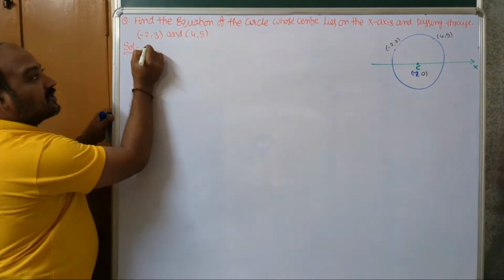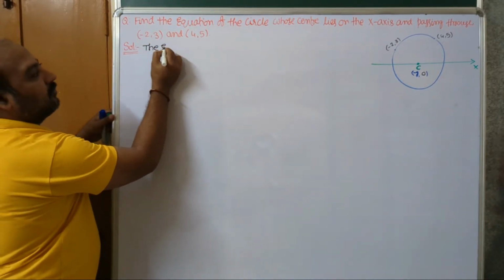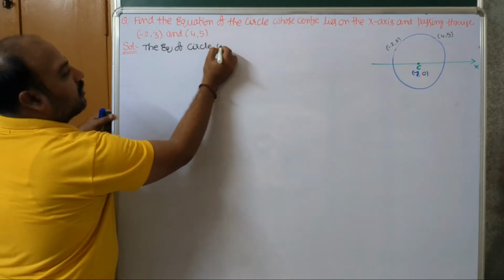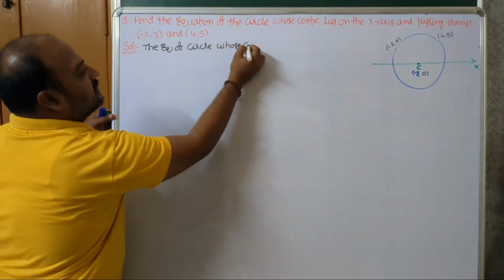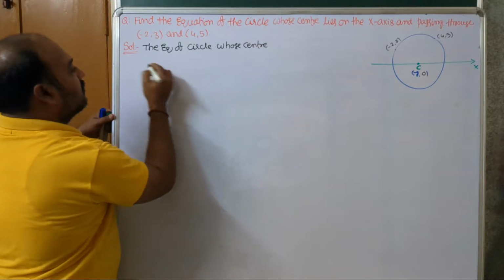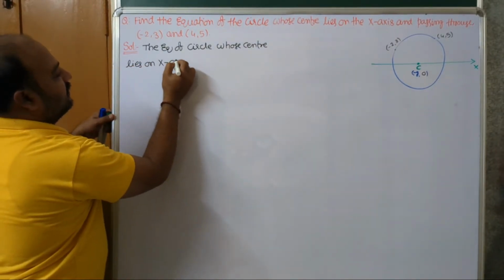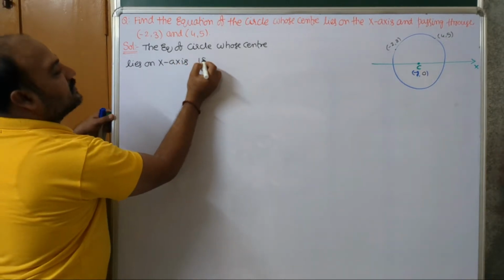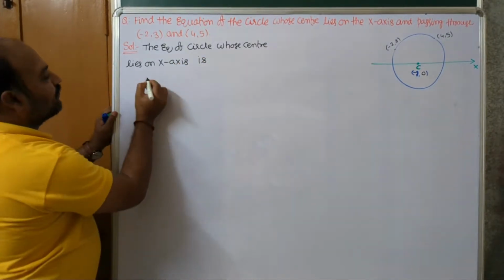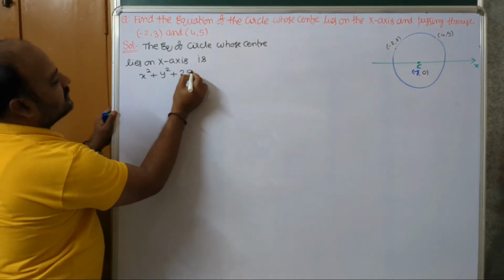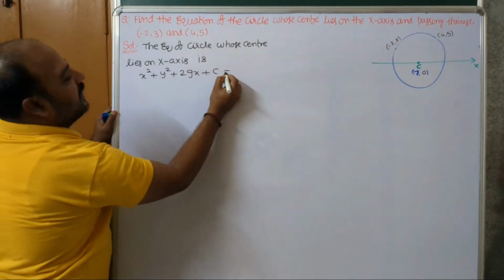So the equation of the circle whose center lies on the x-axis is x square plus y square plus 2gx plus c equal to 0.